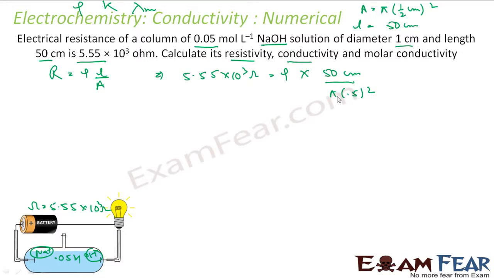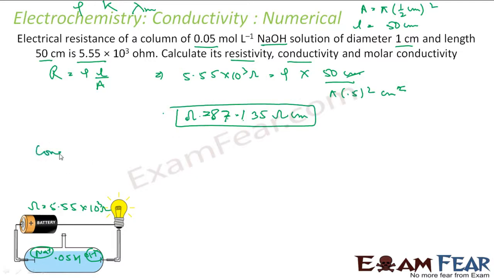Pi I can write as 3.14. So you solve this equation, you get resistivity as 87.135 ohm centimeter, because there is an ohm here and this is centimeter square, one gets cancelled. So you'll get ohm centimeter. This is the resistivity.